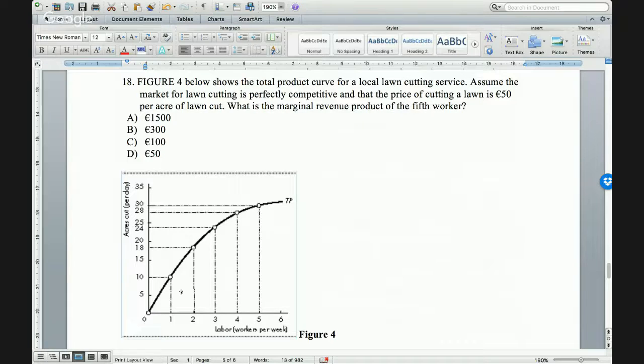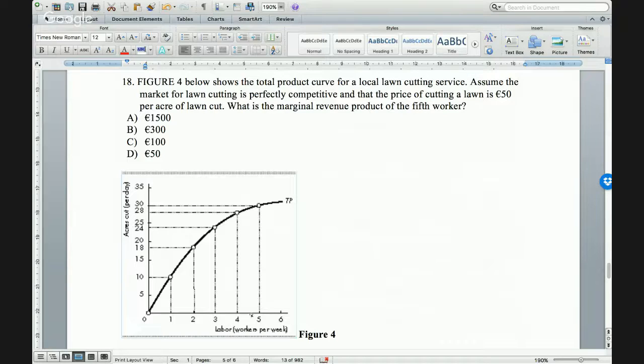So we want to get the marginal revenue. It's important, again, like I mentioned earlier on, to understand the relationship and know how to get, firstly, your total revenue. So total revenue is price by quantity. So let's look at the total revenue of the fourth worker. And this is important because we want to get the marginal revenue of the fifth. Sorry, we get the total revenue of the fourth, the total revenue of the fifth, and take them away.